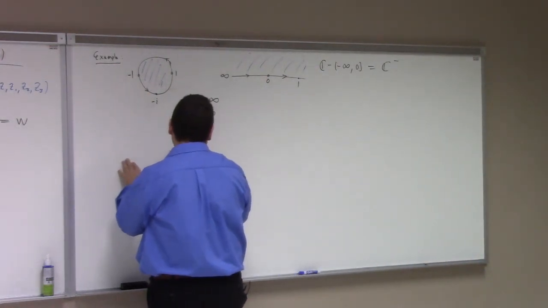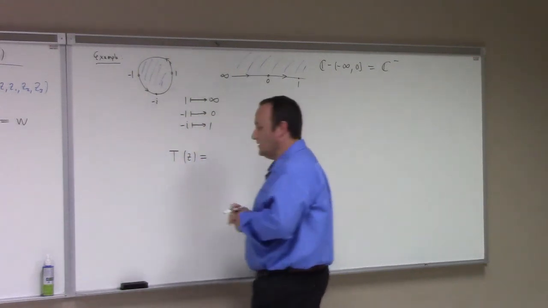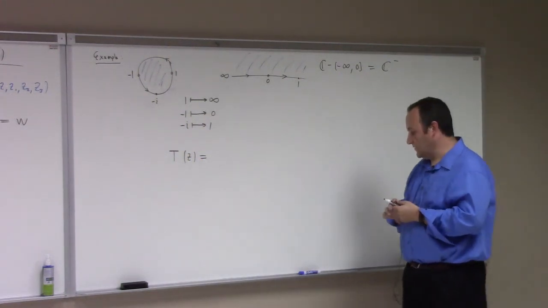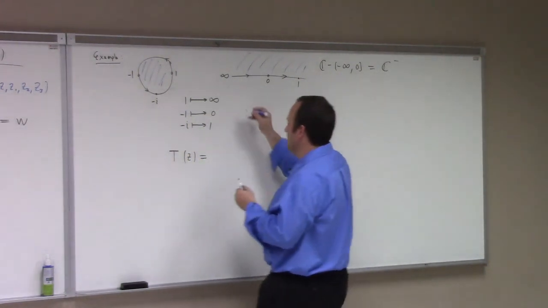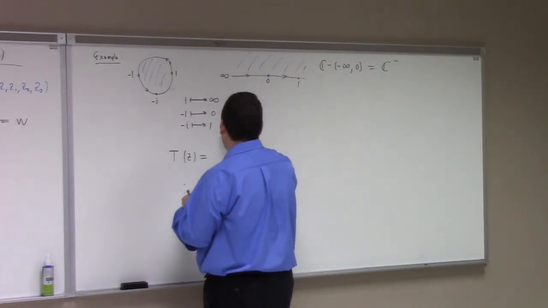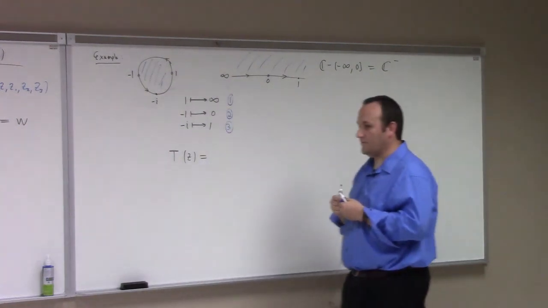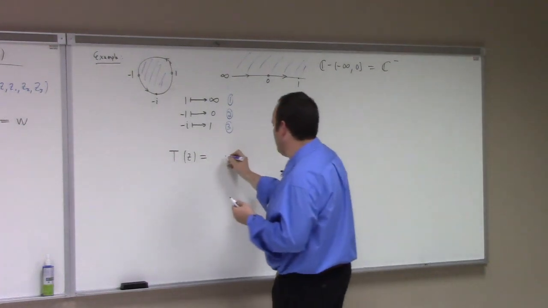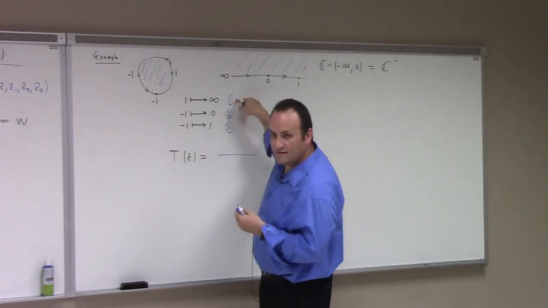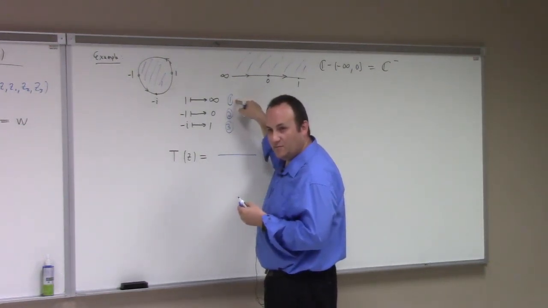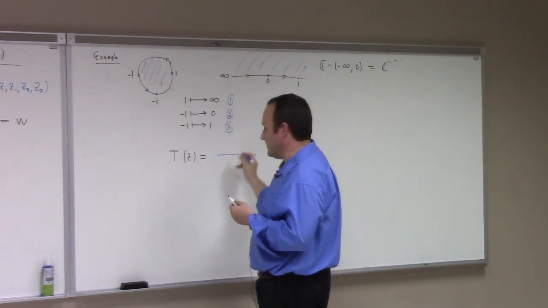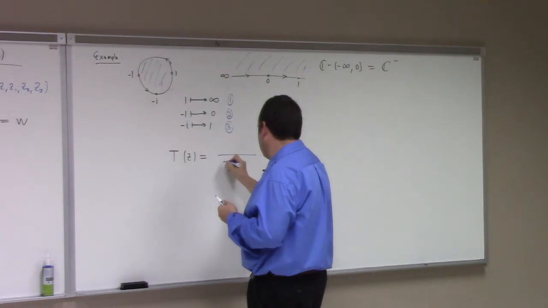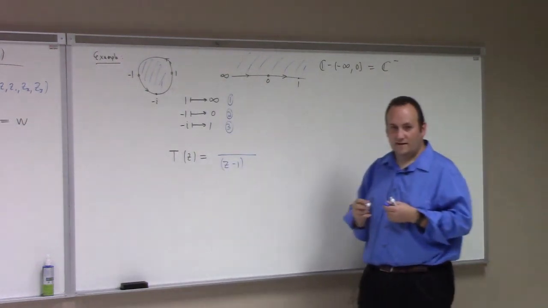Let's see here. So T of z. Here's my point: you can use just basic tinkering to construct the formula. First of all, if I wanted to output infinity when I plug in 1, what we need is a pole at 1. How do you do that? You put z minus 1 in the denominator. So that's from 1.